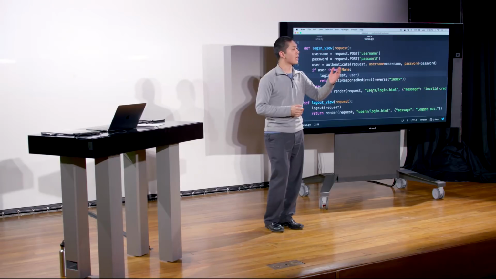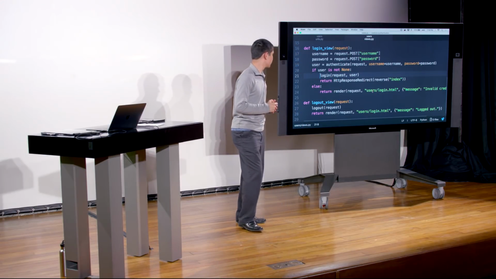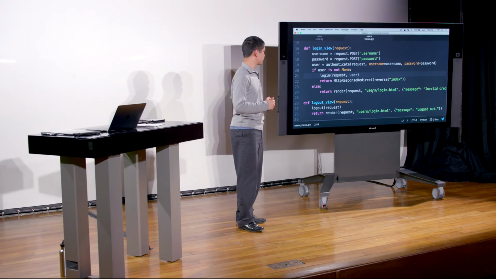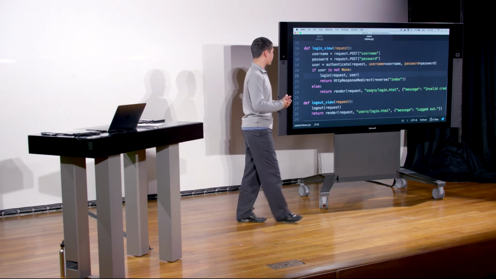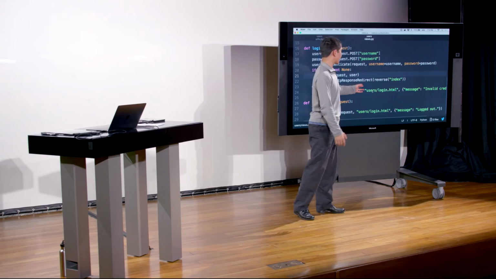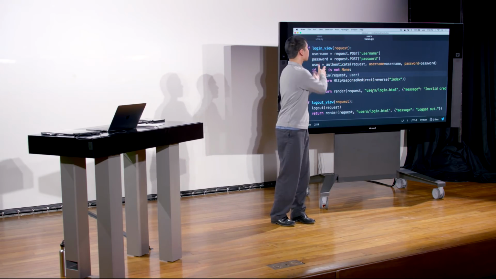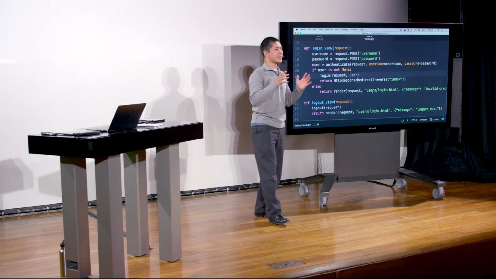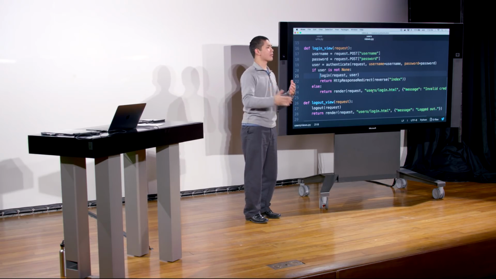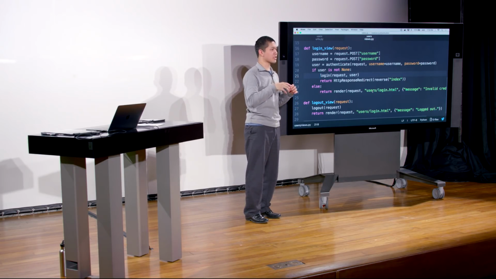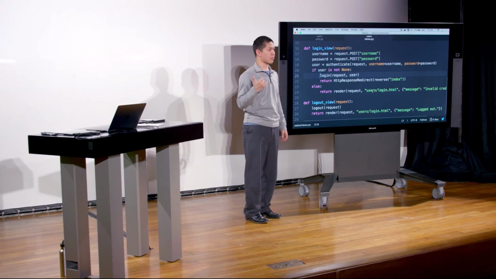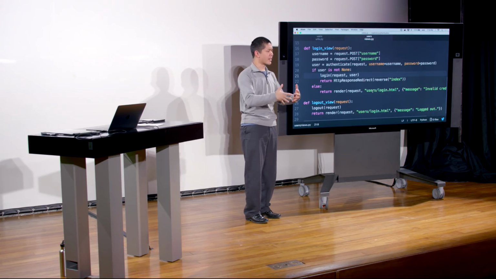Yeah? On the HTTP response redirect, why did you use that rather than just rendering the index page? Oh, good question. So the question is, why am I using response redirect rather than just rendering the index page directly? The answer is I certainly could have just rendered it. But if the index page were more complicated, if there was more logic in rendering the index page, where, for instance, for my flights index page, it wasn't as simple as just rendering index.html.